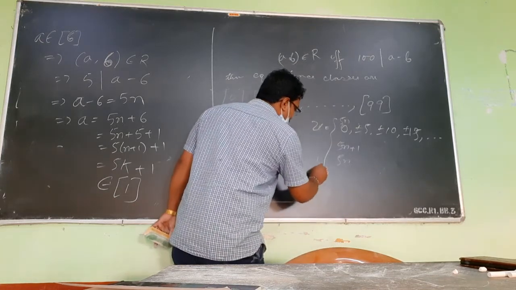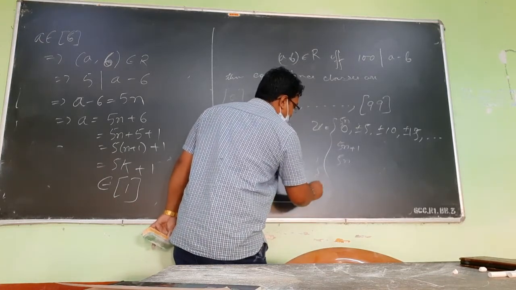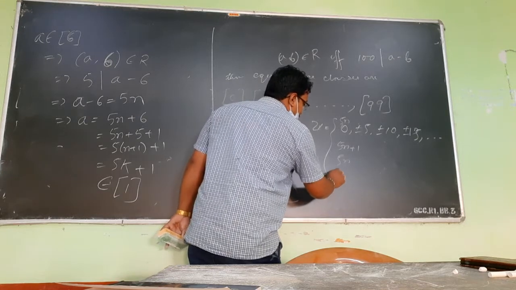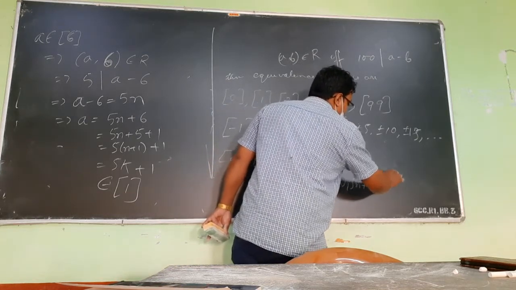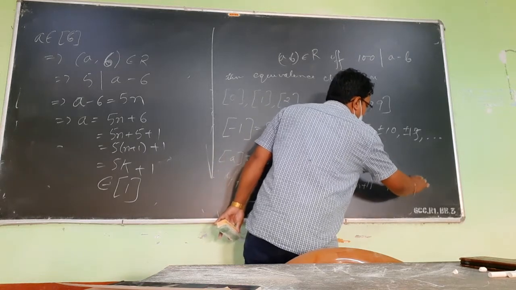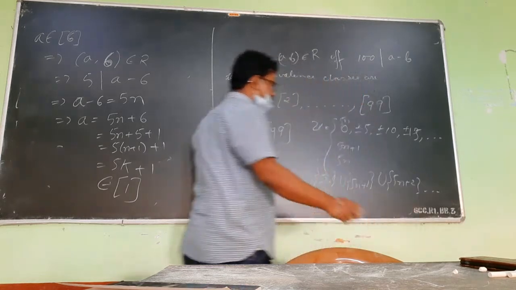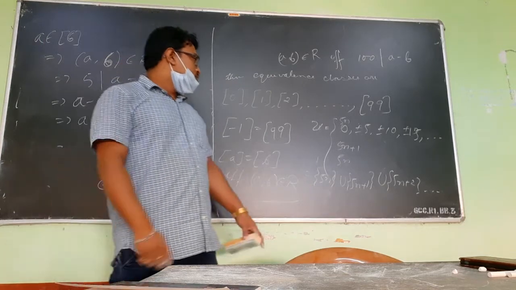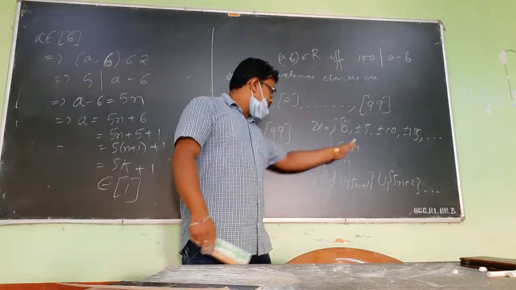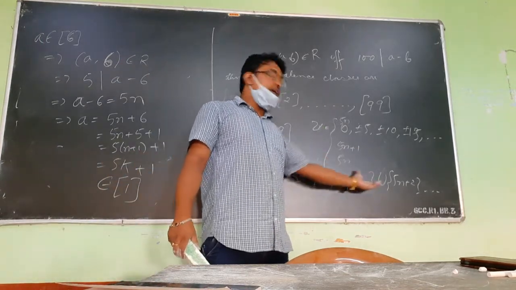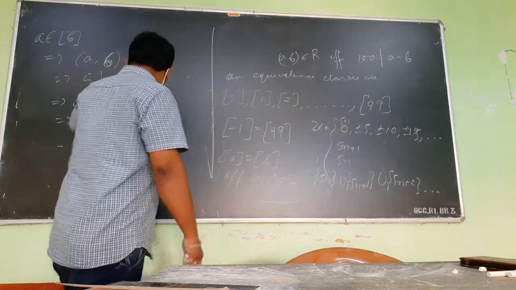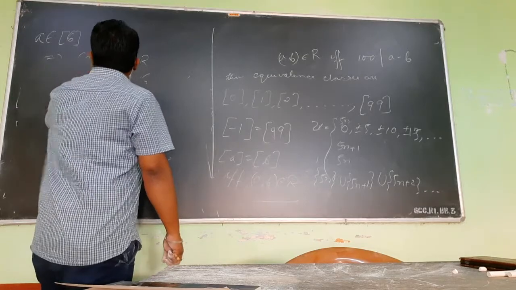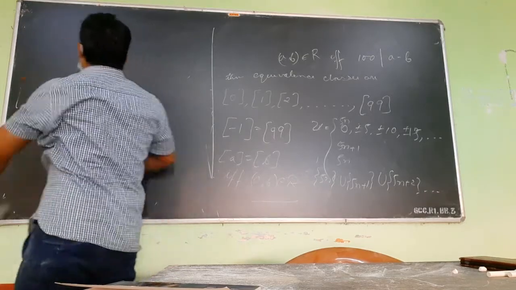So I can write the set of integers as the set of 5n, union the set of 5n plus 1, union the set of 5n plus 2, like that up to 5n plus 4. So we can separate the set into different parts which are disjoint.